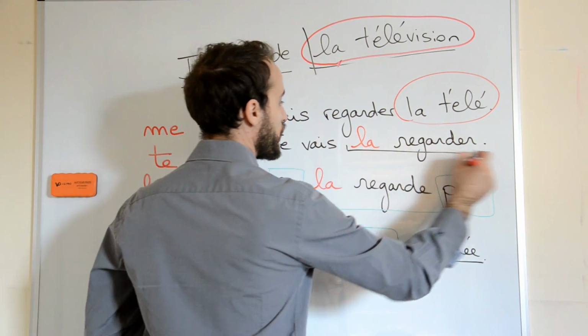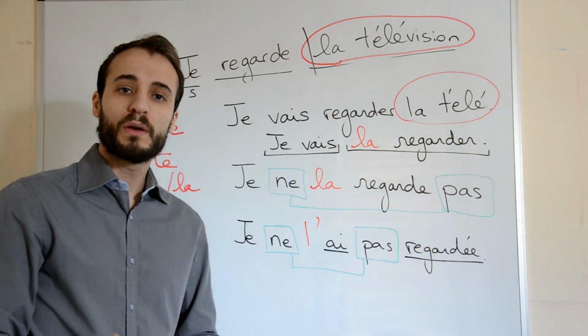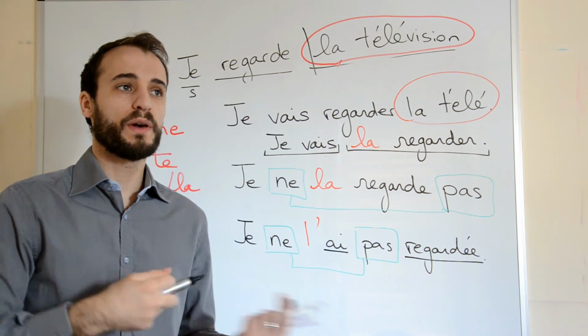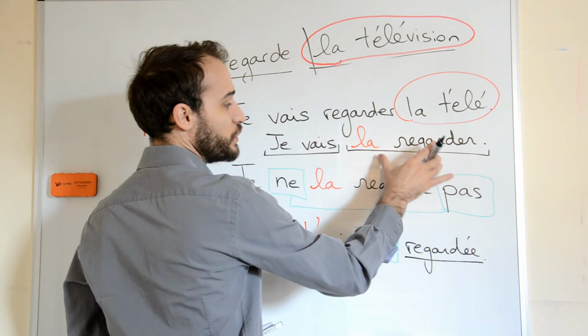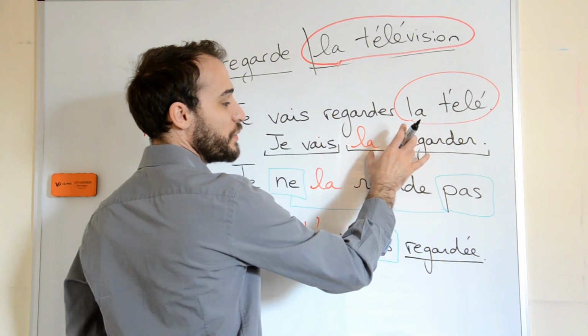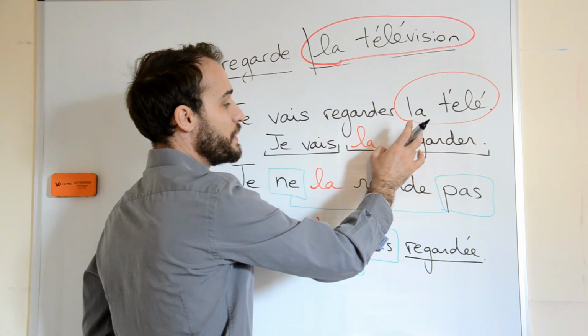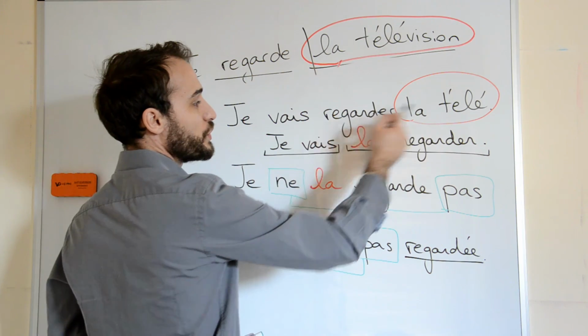So you have one block here and you have one block here. It's I am going to do what? To watch it. It's not I'm going it to watch. It's I'm going to watch it. So la and regarder are together. So la goes right before the verb, yeah? So it's not this verb, it's that verb. La regarder, watch the TV.